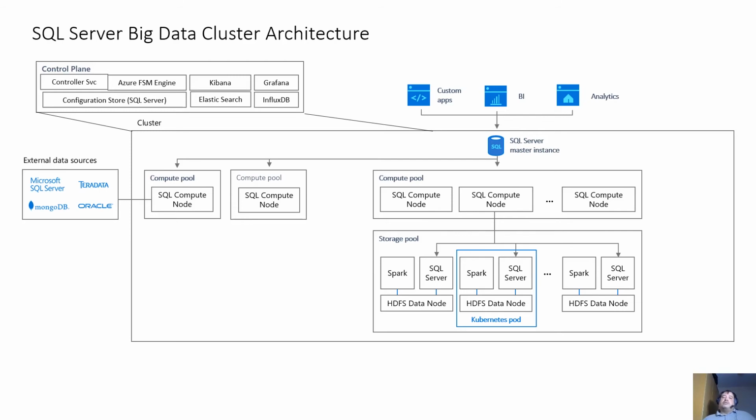Another very interesting point in relation to the big data cluster architecture is the storage pool. We already talked about the compute pool, but we also have a storage pool. The storage pool is intended to hold HDFS files. So we have a local storage pool inside SQL Server Big Data Cluster.